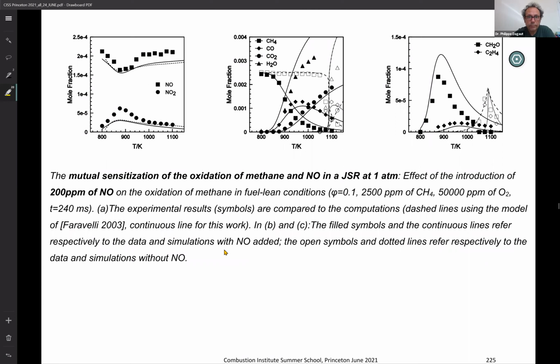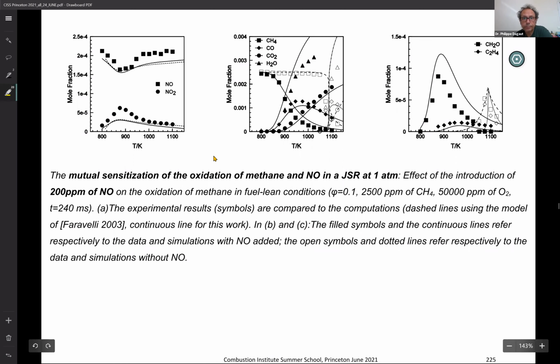So these are other examples with different mechanisms, because before we were considering several mechanisms from the literature. All right, so you can see here the strong effect, and this is at 1 atmosphere.